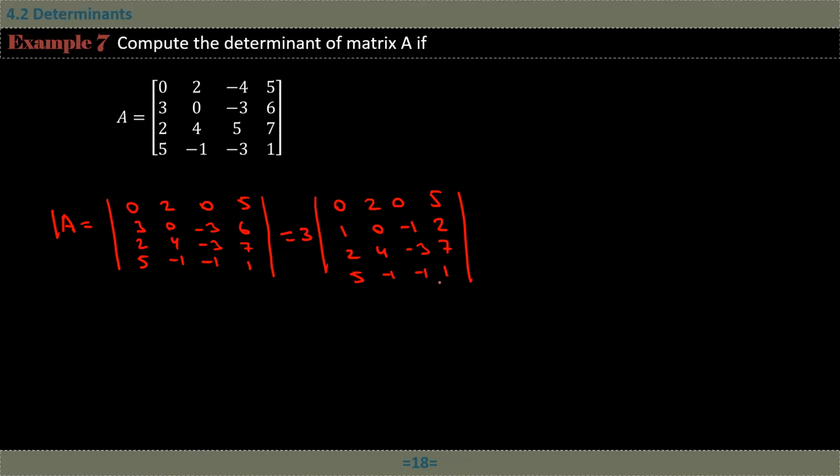Okay, I'm trying to make one more zero here. So if you multiply the third column by 2 and add to the last column, what we have here is 0, 1, 2, 5, 2, 0, 4, -1, 0, -1, -3, -1, and here we have 5, multiply by 2 and add here, that's 0, multiply by 2, -6 plus 7, that's 1, multiply by 2, -2 plus 1, -1.